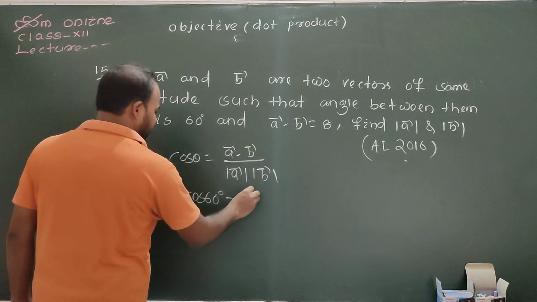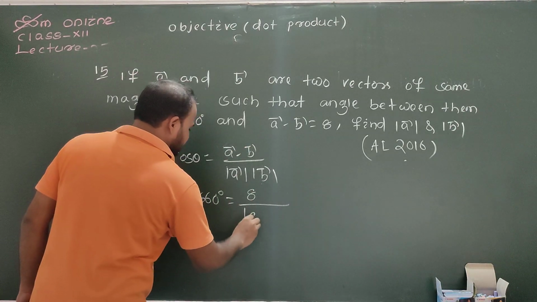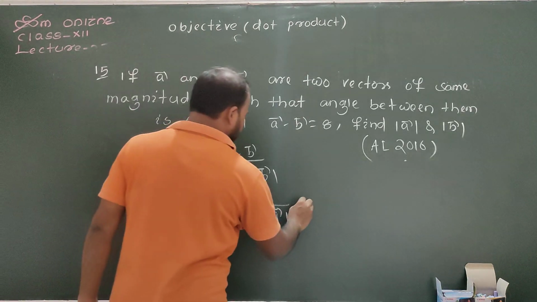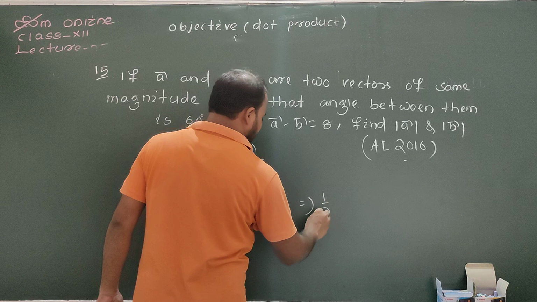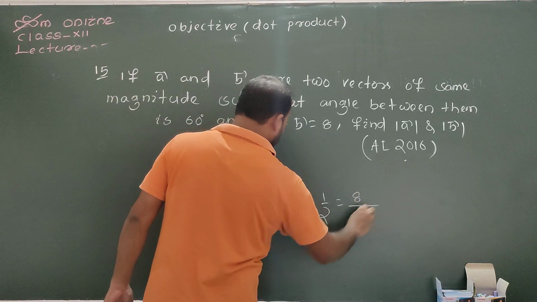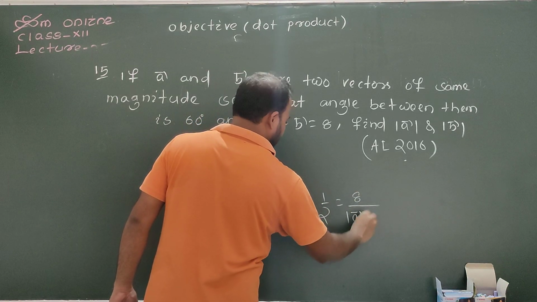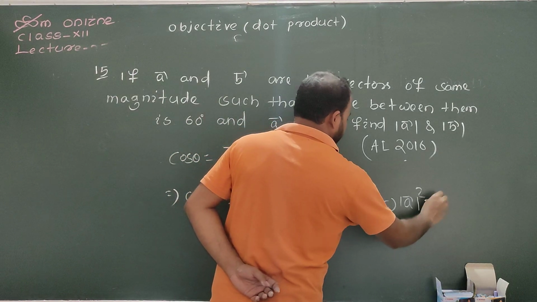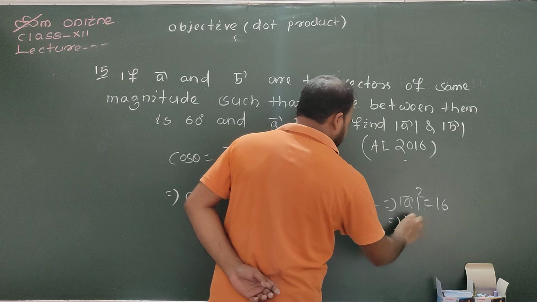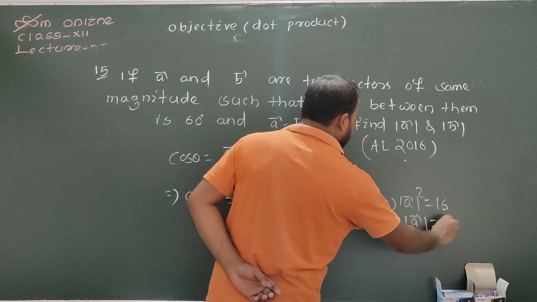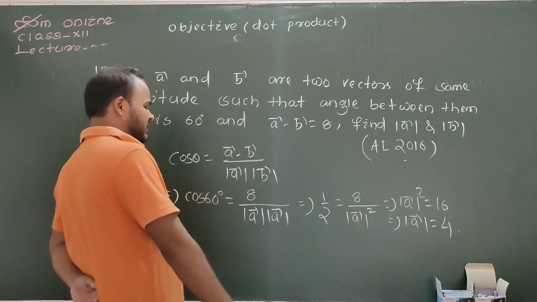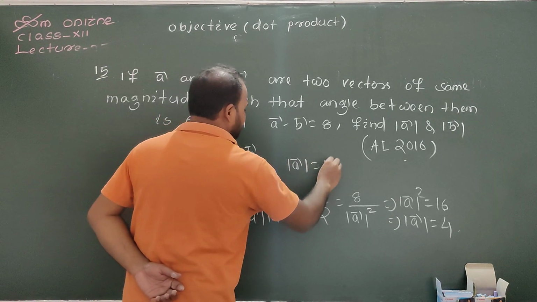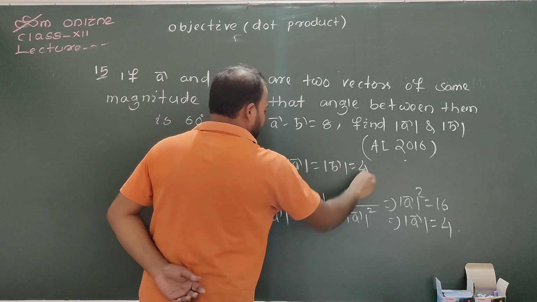A dot B is 8 upon magnitude of A into magnitude of A. So cos 60 degrees, that is half, equal to 8 upon magnitude of A square, which implies magnitude of A square equal to 16, so magnitude of vector A equal to 4, taking the positive sign because length is positive. So magnitude of A equal to magnitude of B equal to 4.